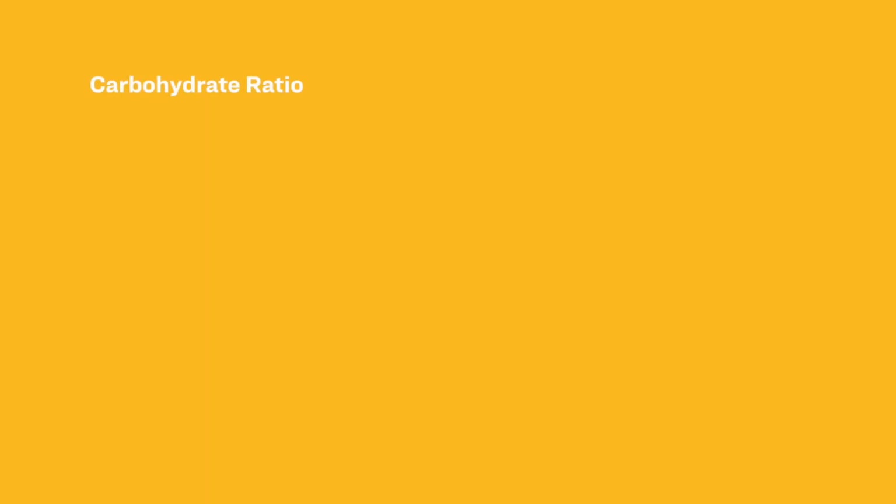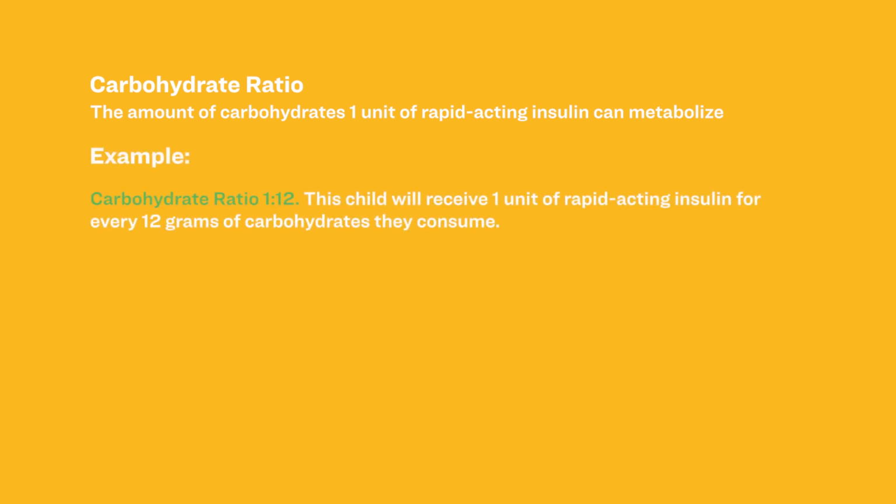The carbohydrate ratio is the amount of carbohydrates 1 unit of rapid-acting insulin is able to metabolize. This is individualized for each child by their provider. For example, if a child's carbohydrate ratio is 1 to 12, this means that the child will receive 1 unit of rapid-acting insulin for every 12 grams of carbohydrates they consume.